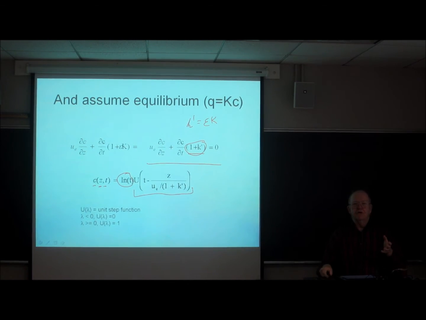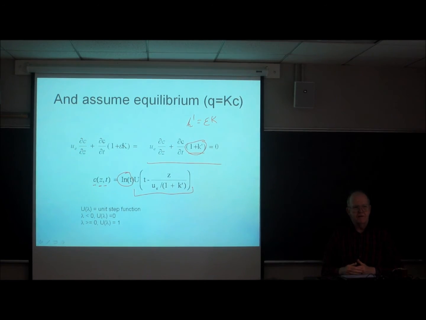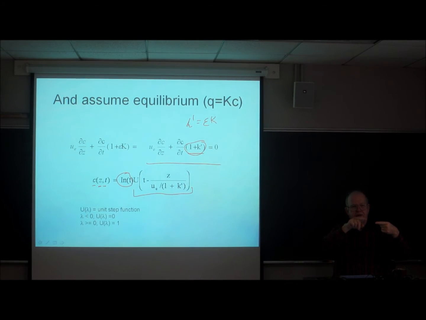If we have u of some argument, lambda, when lambda is less than 0, the unit step function is 0. When lambda is greater than or equal to 0, the unit step function is 1. At 0, the argument discontinuously goes up to 1, and it stays there forever thereafter.